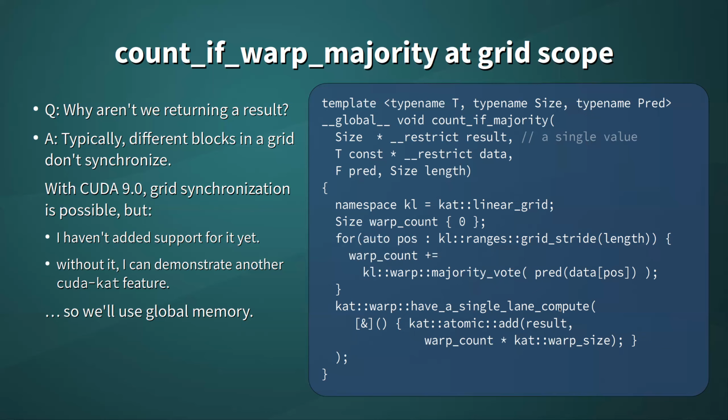It's have a single lane compute, which means only a single lane will compute this function, which is obviously a function with side effects, and all of the other lanes do nothing, which is what we usually achieve with if the thread ID modulo the size of the warp is 0 or is some fixed value, then do something. So this is for achieving the same effect more verbally rather than with a computation.